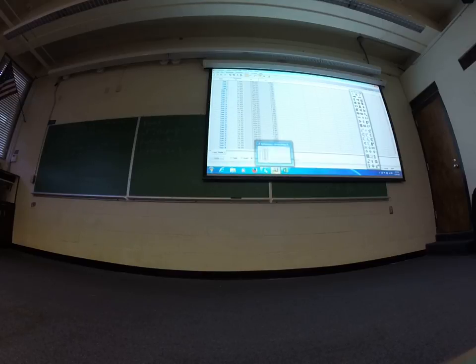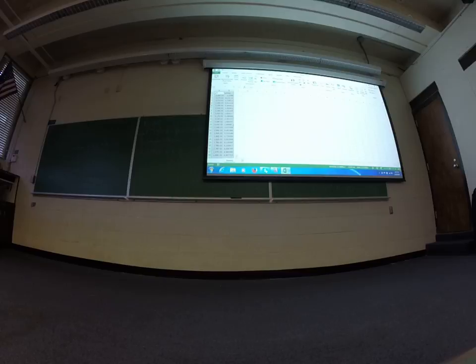Control C to copy, and then you go to Excel. Start on the second cell, Control V. You should have how many entries? You should be ending at 42. 42 is the last one.